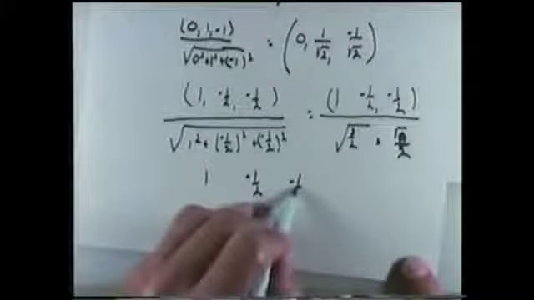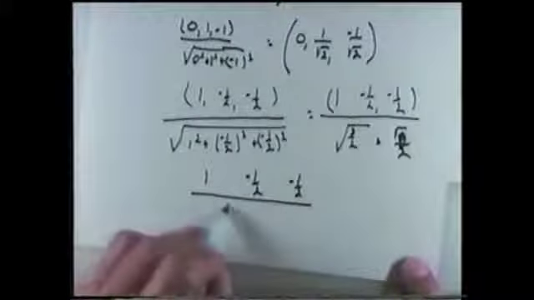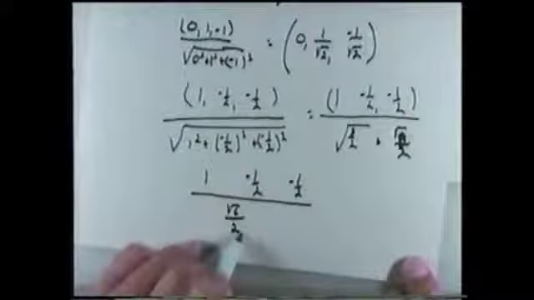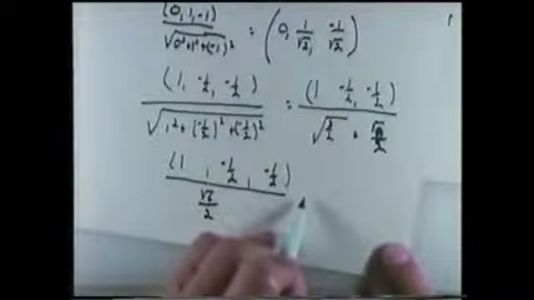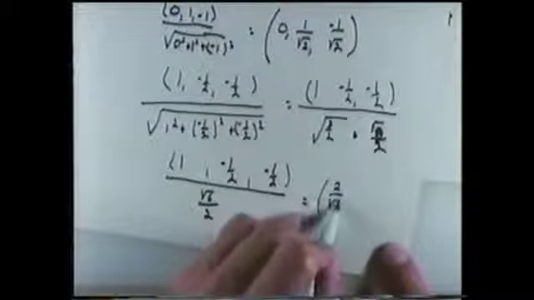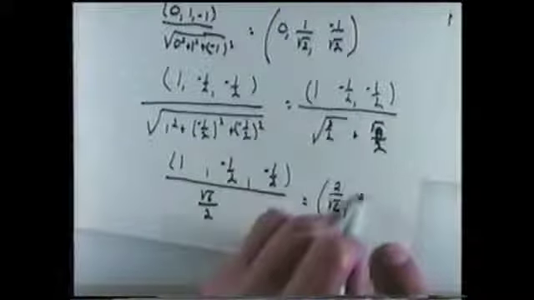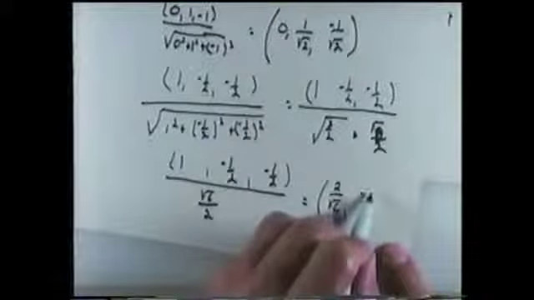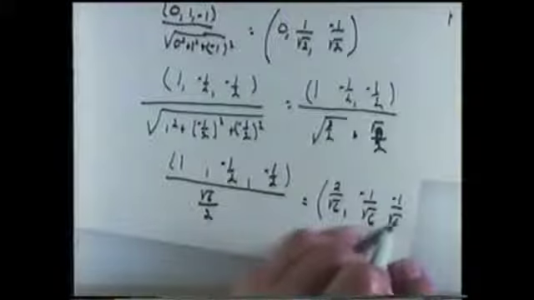So this is (1, -1/2, -1/2) divided by the square root of 6 over 2. If I invert and multiply, that gives me 2 over the square root of 6, negative 1 over the square root of 6, because the 2's cancel, negative 1 over the square root of 6.